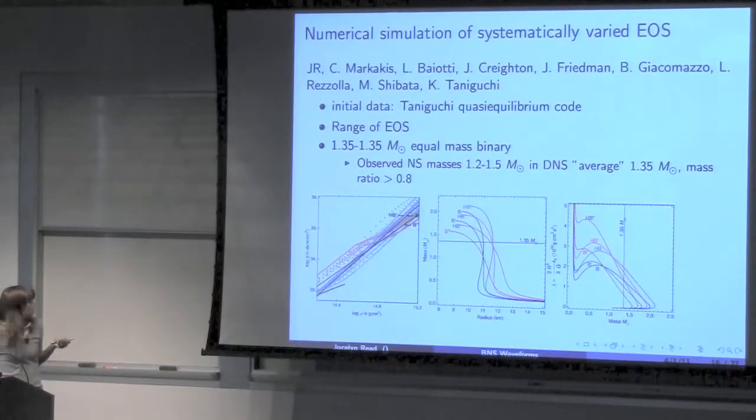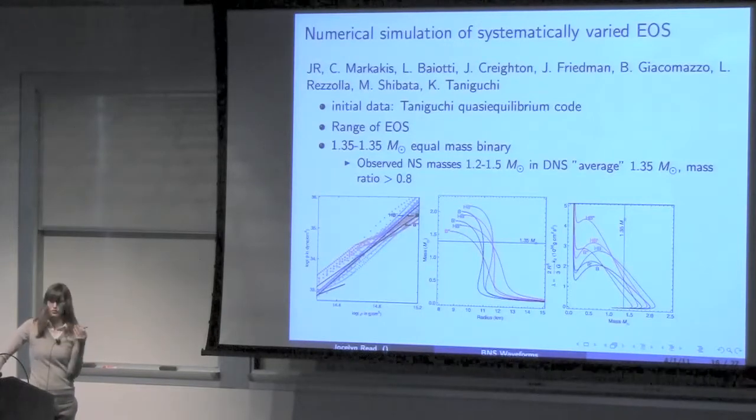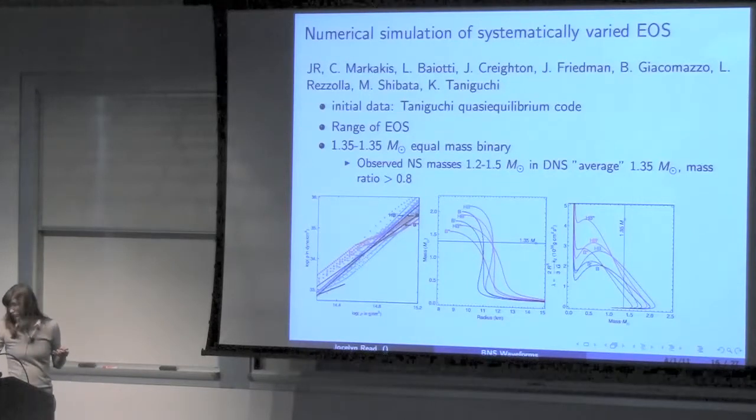And we use non-spinning stars, which is a pretty good approximation for neutron stars. Also, the magnitude of a neutron star spin is going to typically be much lower than something that's going to affect the waveform, unlike the black hole case.